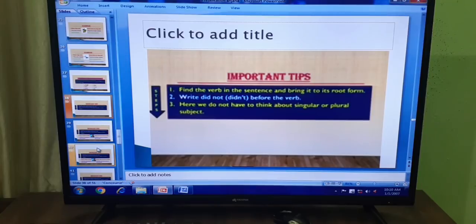The third step, here we do not have to think about a singular or plural subject.